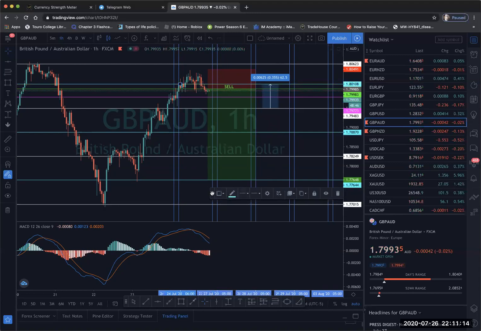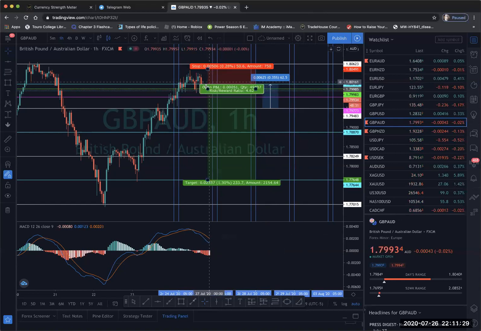There we go. As you can see, price already broke through that point of structure, but it didn't break this point of structure. When it broke through here, it came back, retested, went back through, came back, retested, but it never broke through again. So that's letting us know price is looking to make its way back down. Since it's making its way back down, we're going to catch the trend going down.